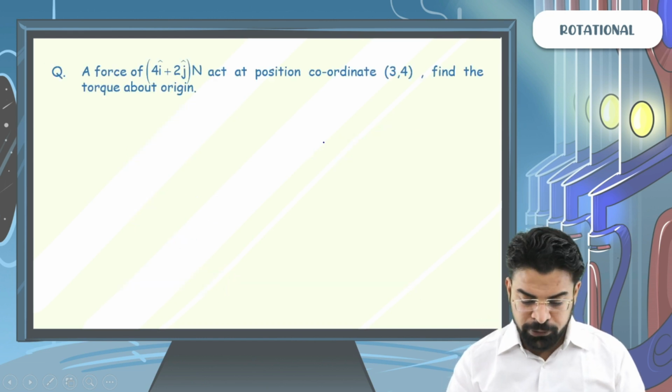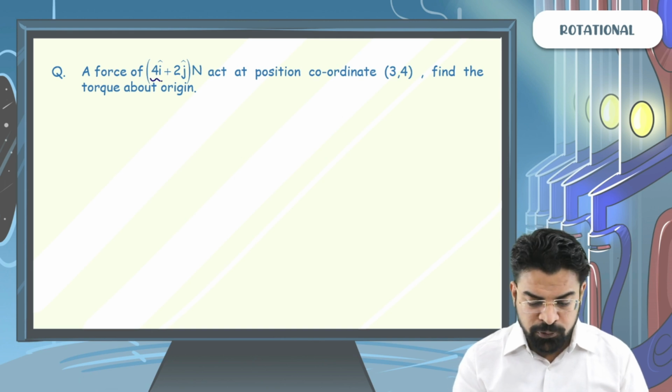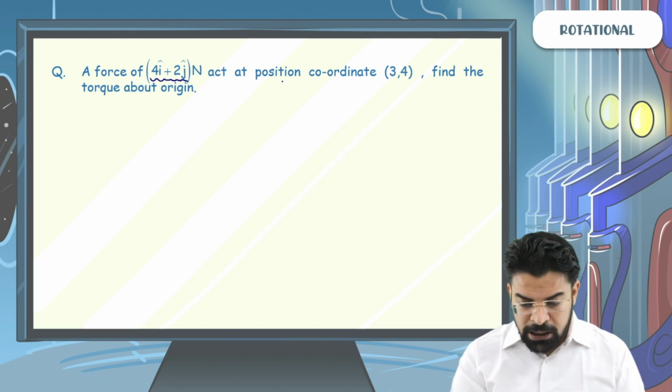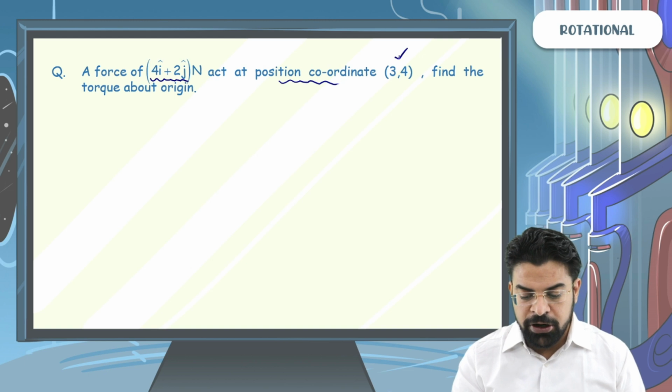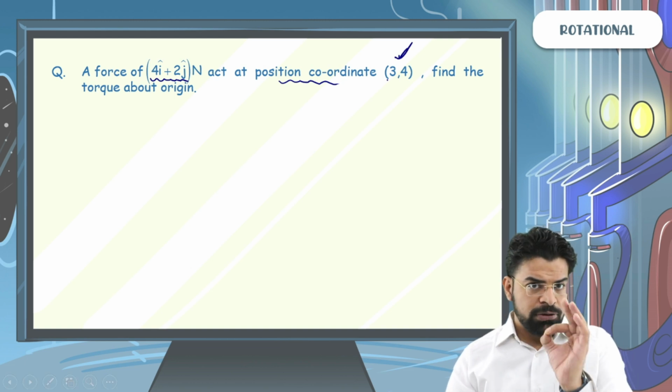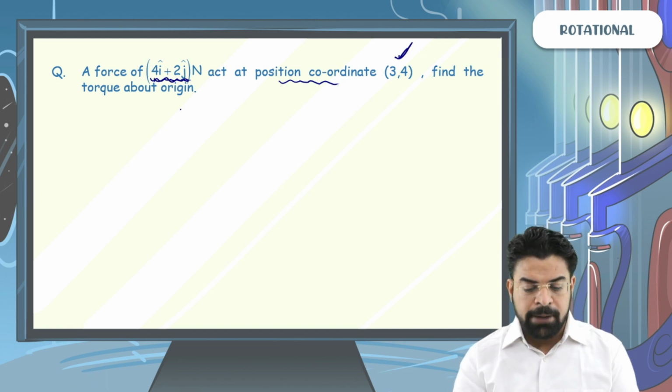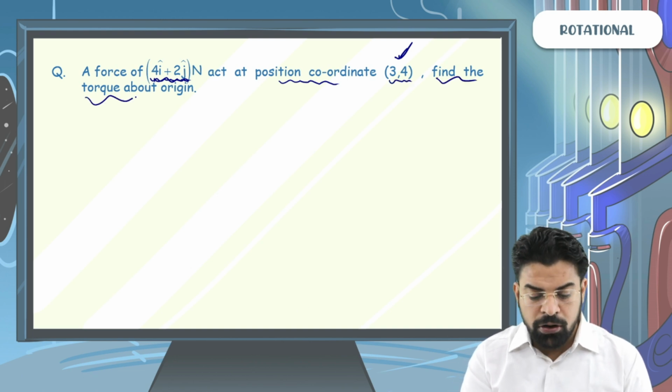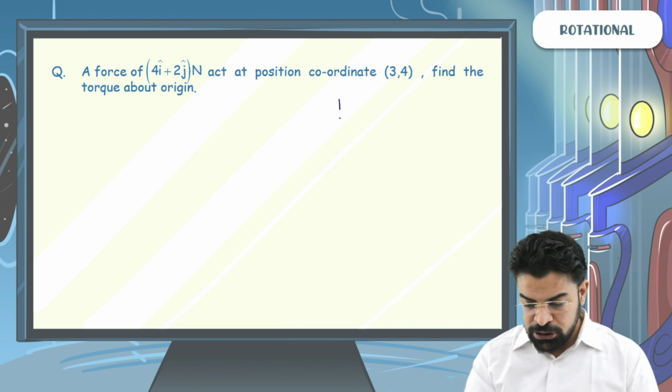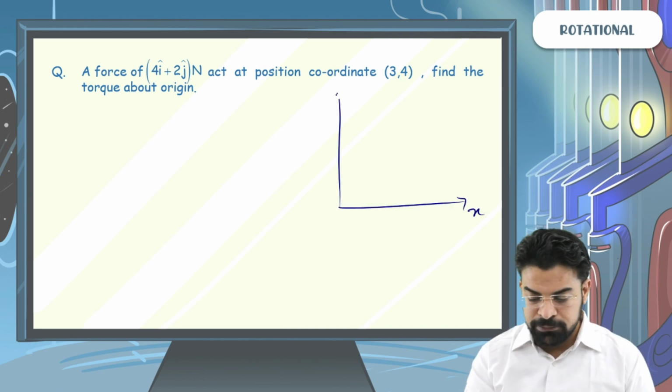So moving on, the first example: a force of 4 i cap plus 2 j cap Newton acts at position coordinate (3, 4). Find the torque of this force about the origin. So you can think of the xy axis.